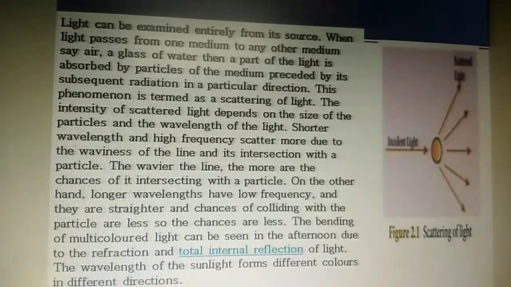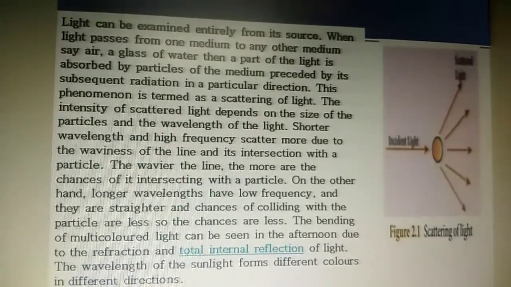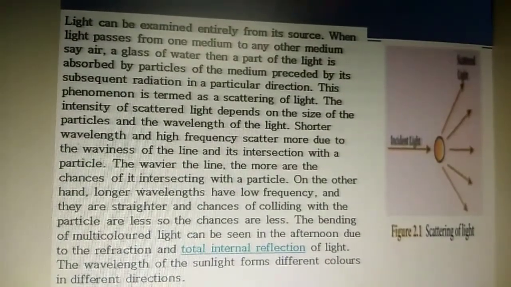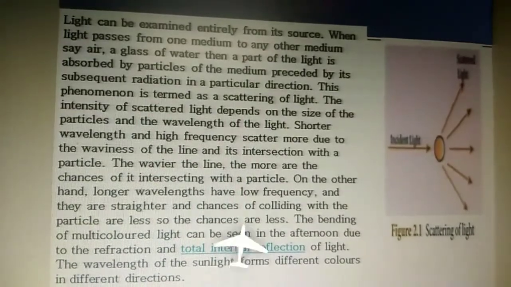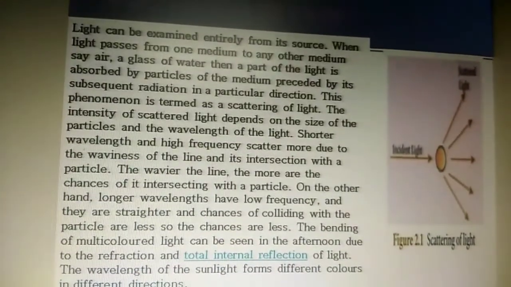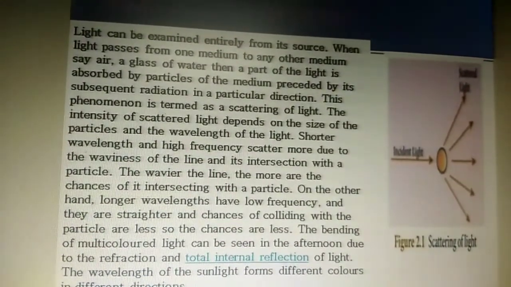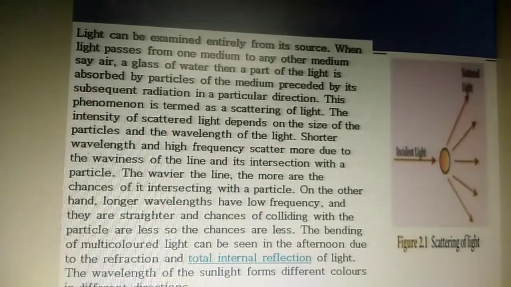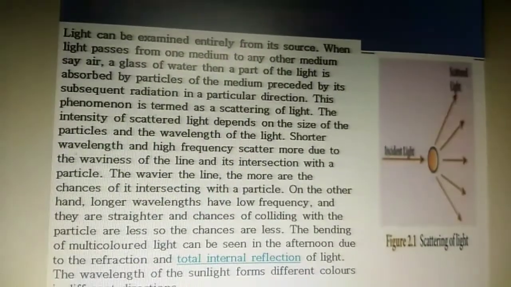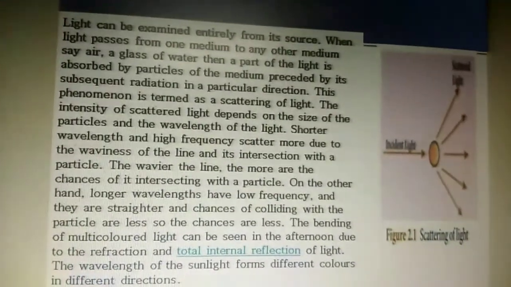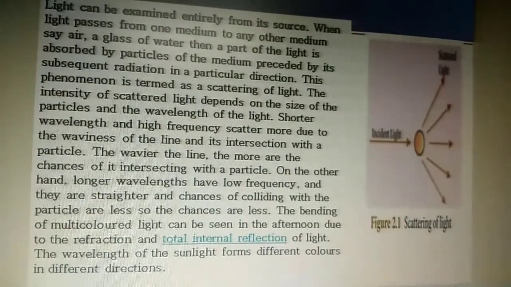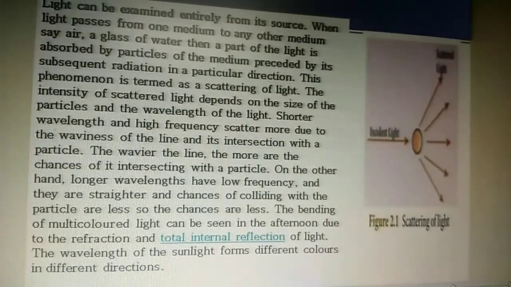The particles will absorb the light and send it into the medium in a particular direction. This phenomenon is known as scattering of light. The intensity of scattered light depends upon the size of the particle and the wavelength of the light. The shorter the wavelength and higher the frequency, the greater the chance of intersecting with the particle.